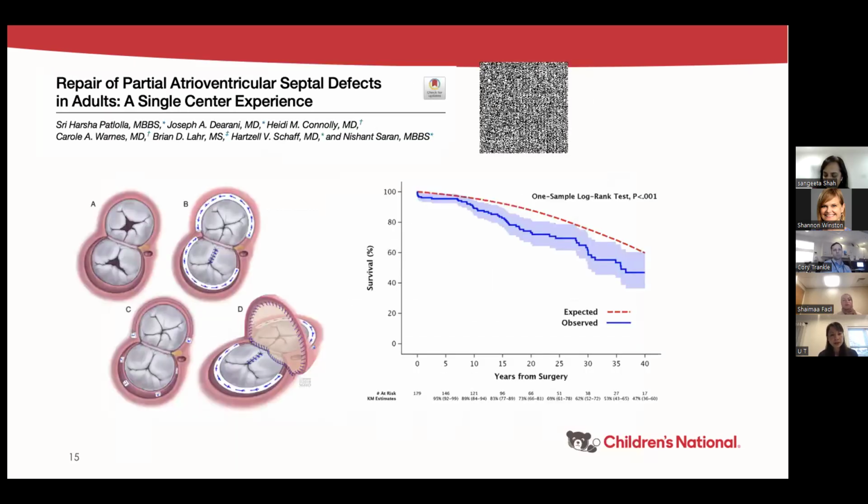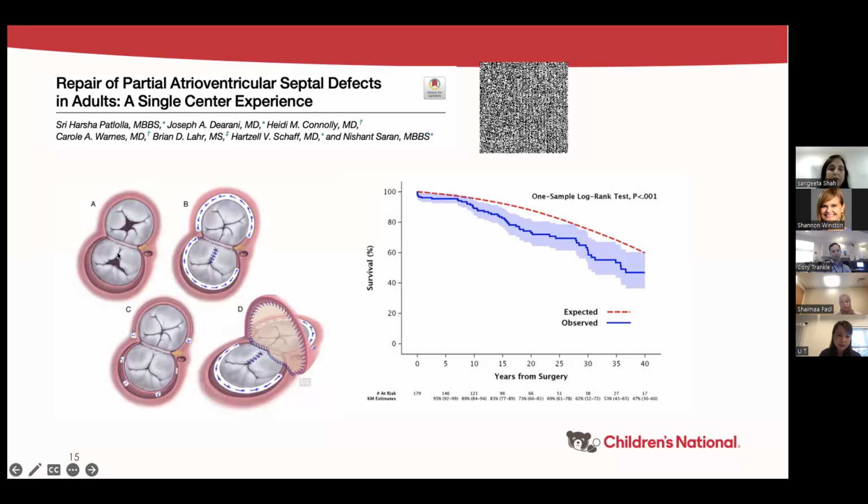This is a paper that came out in 2015 or so, the Mayo experience repairing partial AV septal defects in adults. All these patients had their surgeries done after the age of 18 years. This is a diagram of how they approach it.